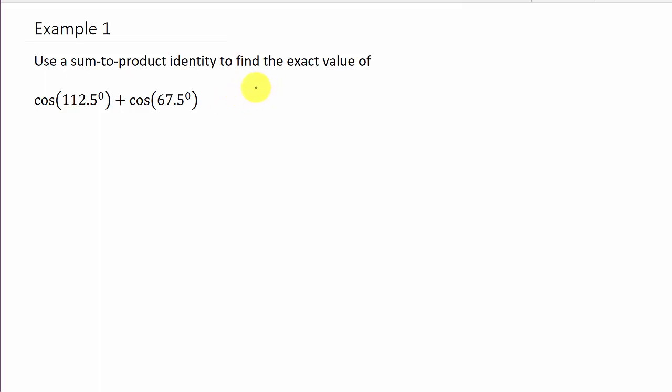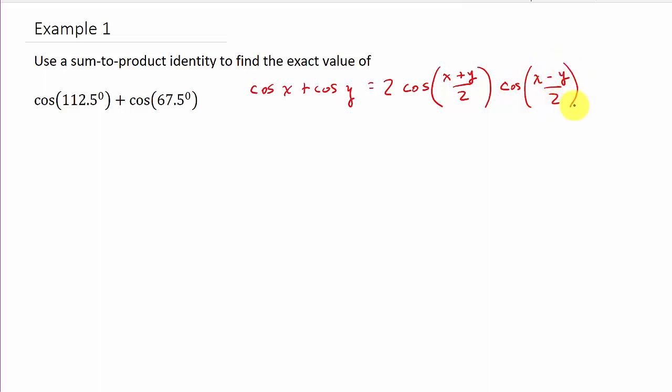The cosine of x plus cosine y is equal to 2 times cosine of (x plus y) over 2 times cosine of (x minus y) over 2. So this is what we're going to be using.